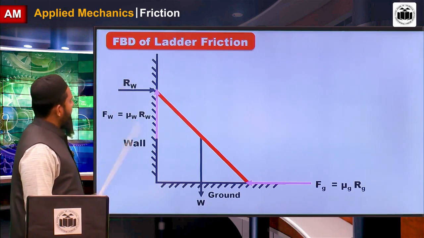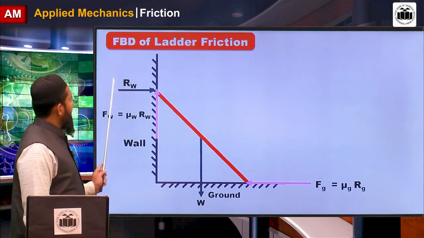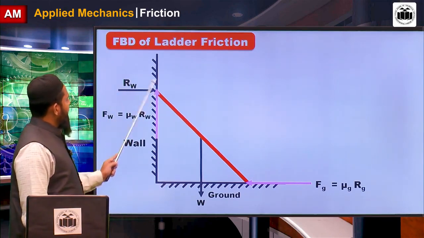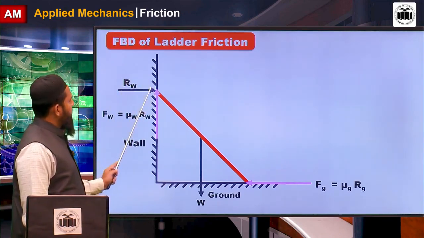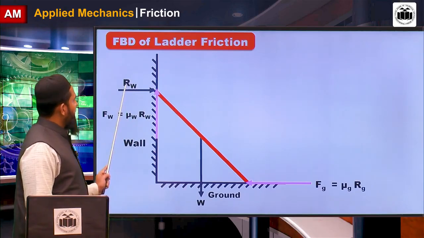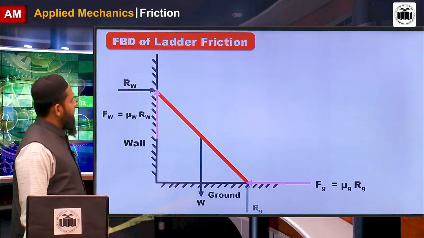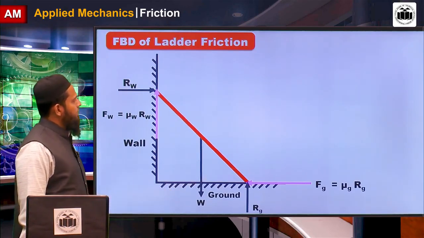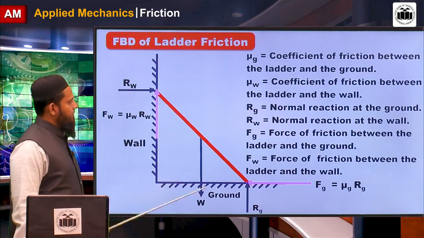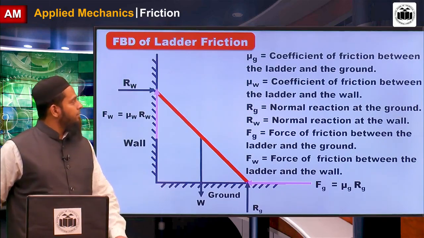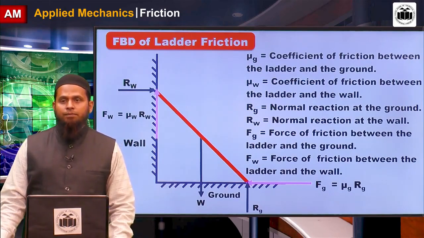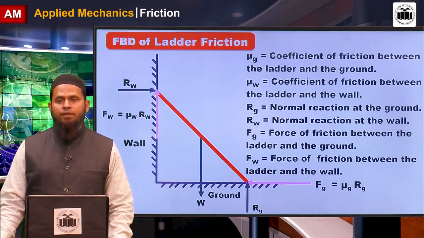Now whether rough surfaces or smooth surfaces, when in contact, the normal reaction is always perpendicular to the contact surface. For the wall, Rw, and for the ground, Rg. The coefficient of friction between the ladder and the ground is called mu g.